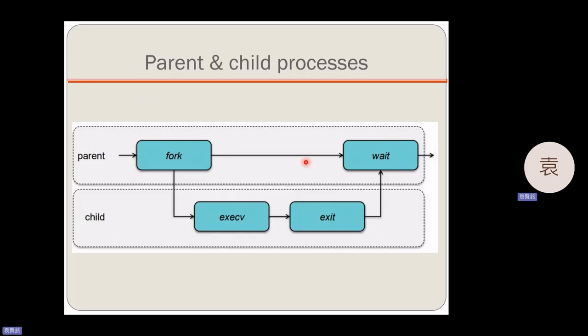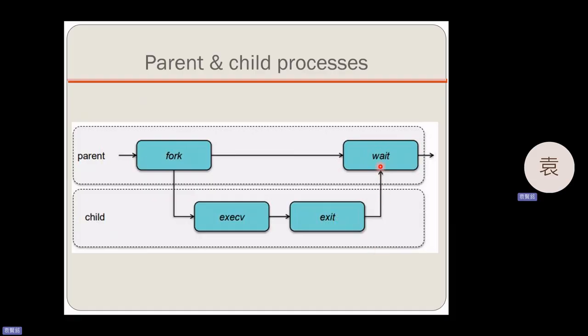Then we can set it up by doing something like this. However, after these two code segments are finished, the parent process may need the termination information to continue its operation. If that's the case, the parent process should use this wait system call to wait here until the child process terminates.